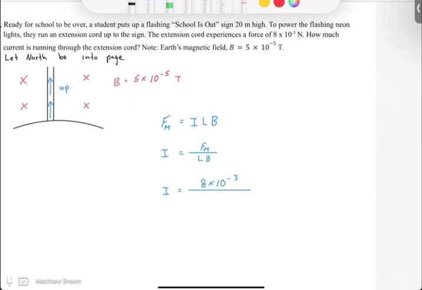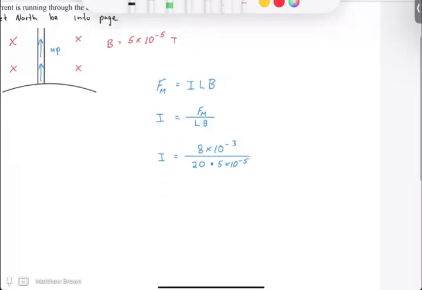The length was 20 meters. And the magnetic field is 5 times 10 to the negative 5. And that means the current in this thing is 8 amperes, which is a pretty good current. This must be a big, flashy neon sign.